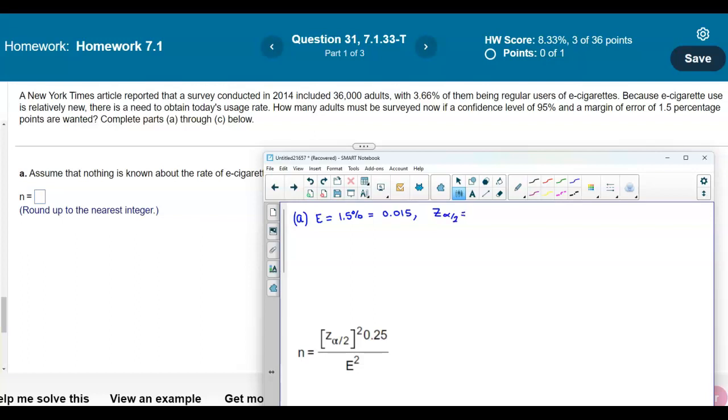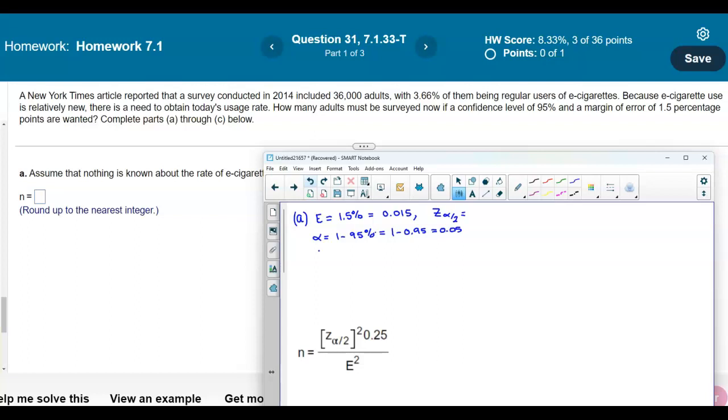Now we need to find the critical z-value. In order to find it, we first need to figure out the confidence level. The confidence level is 95%. So alpha is going to be 1 minus 0.95, which gives us 0.05.